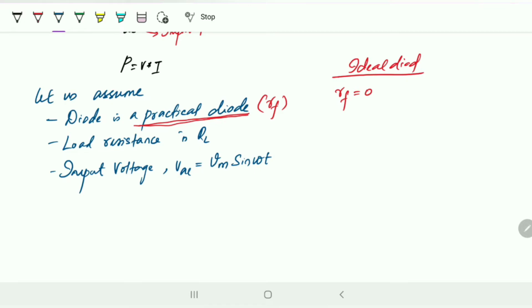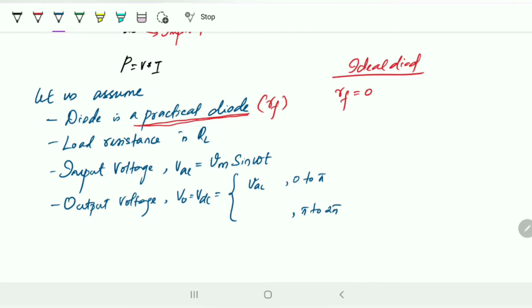By default you will understand that the output voltage, either V0 or VDC, during the first half cycle, 0 to pi time period, will be the same as VAC, and during the time period from pi to 2 pi, that is the second half cycle, there is no conduction, so the output becomes 0.